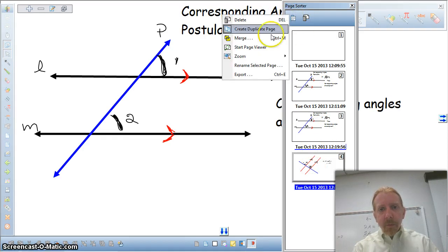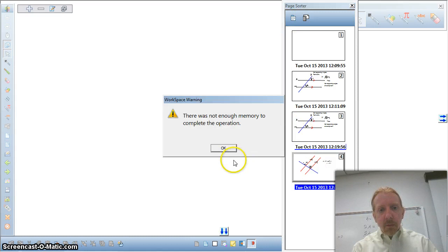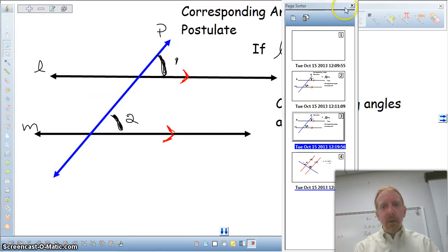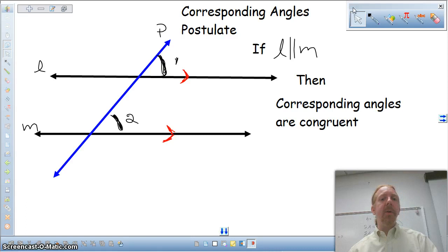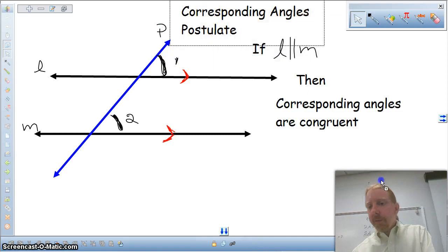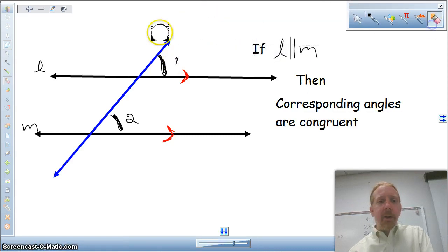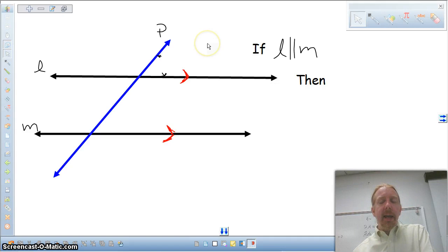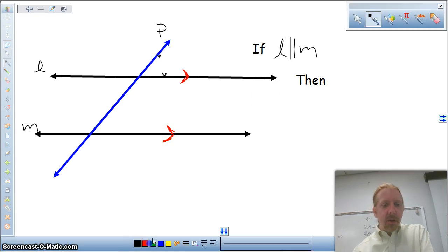All right, so let's go to this one. We're not going to talk about the corresponding angles postulate this time, though. So let's get rid of that. And we're not going to talk about these angles. We're still going to start off, though, with the idea that L and M are parallel. Now the issue becomes, what about these angles?